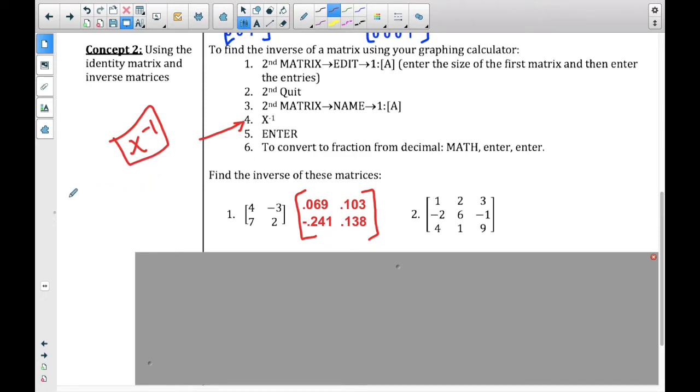So for instance, in your calculator, if you typed in a 3 and then pressed the x to the negative 1 button, it would give you 1/3 or 0.33 repeating. If you typed in a 5 and then pressed x to the negative 1, it would give you 1/5, probably as a decimal, which is 0.2.